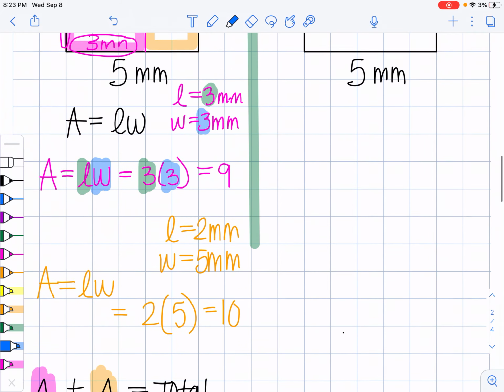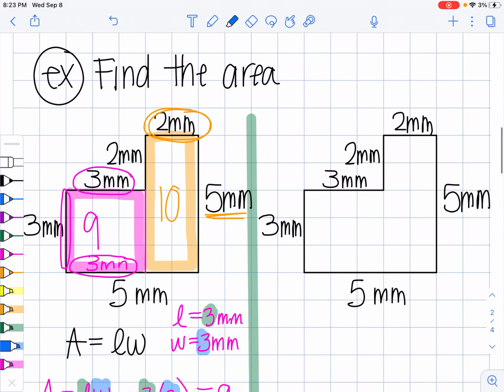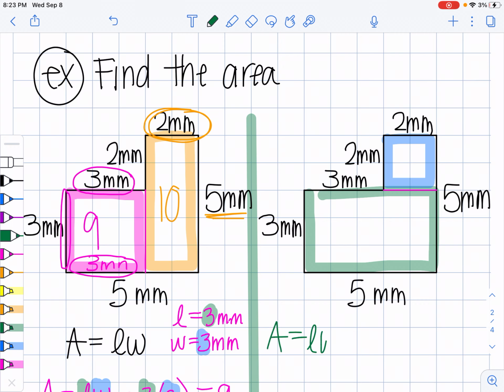But maybe when you did this problem, you saw it differently. Maybe you said, well, actually, I see these shapes. If we do it this way, should we get the same answer? Let's find out. This time we'll use different colors, a green and a blue. For my green, area is equal to length times width.